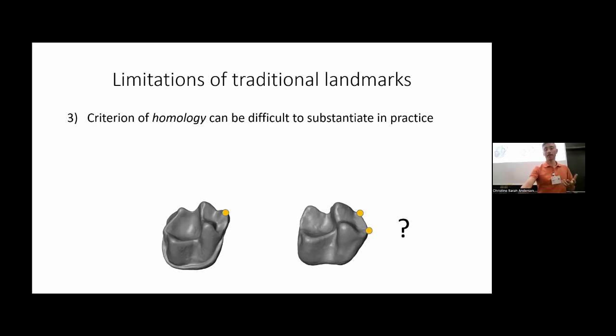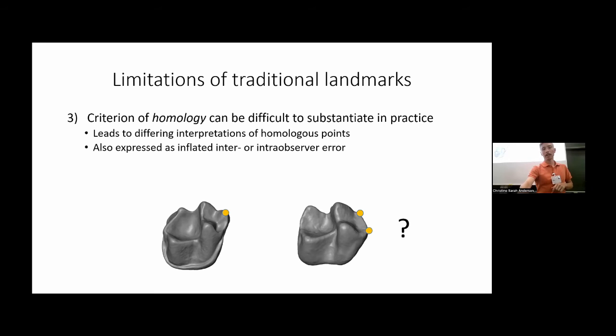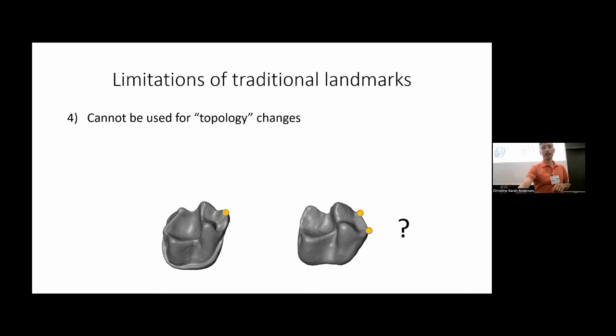And this criterion of homology is technically not even defined within homologous structures, and of course it can be difficult to substantiate in practice. If you're trying to force a guess there, that's going to lead to inflated intra- and inter-observer error on placing those landmarks.